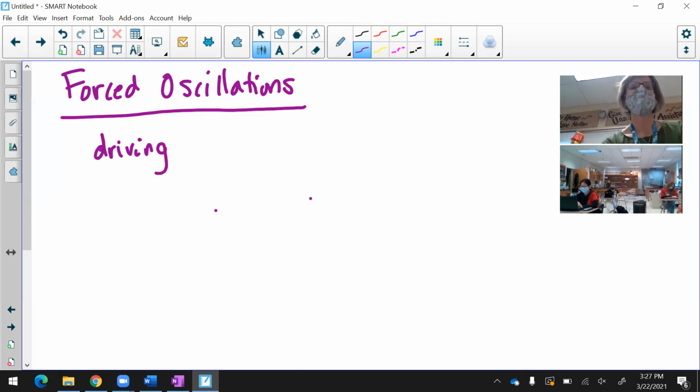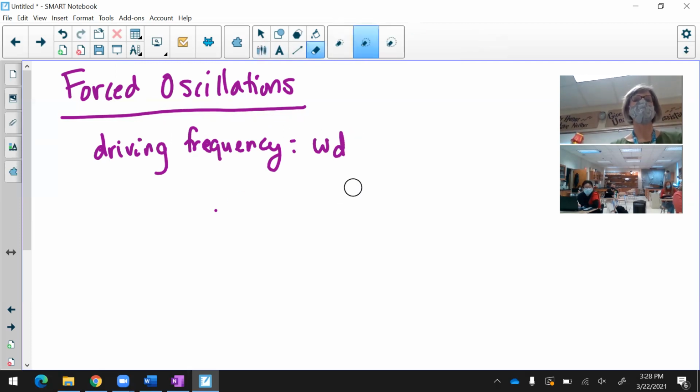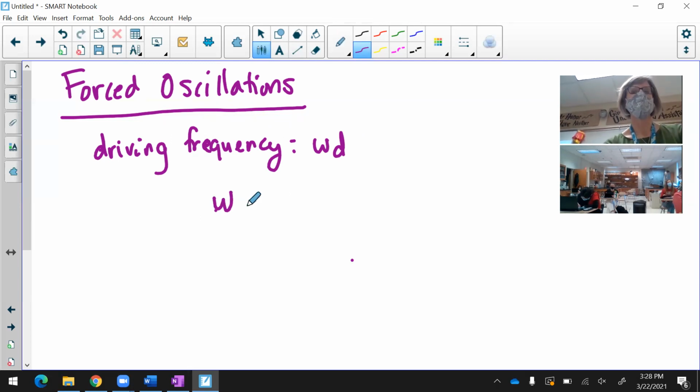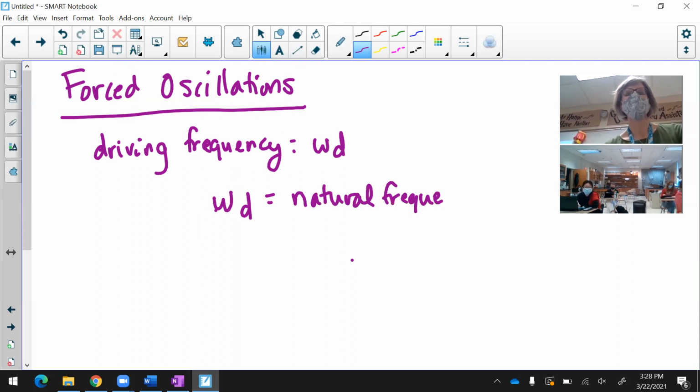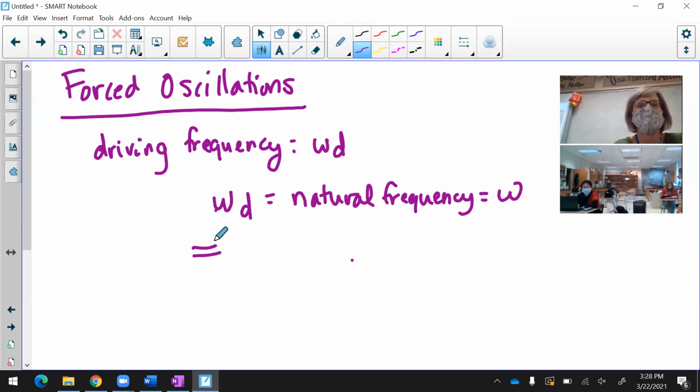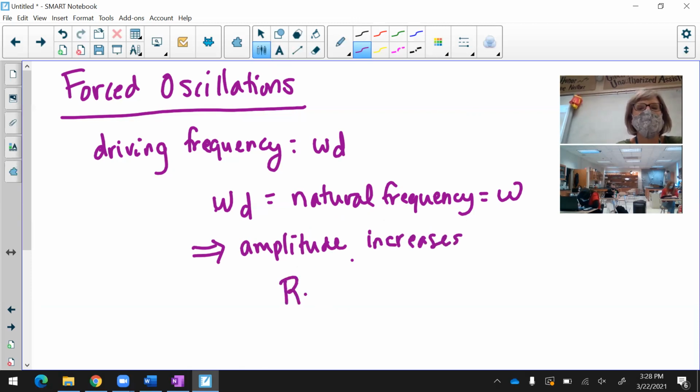We call it a driving frequency, omega D. So when the driving frequency is equal to the natural frequency, which we might just call omega, then the amplitude increases and we achieve what is called resonance.